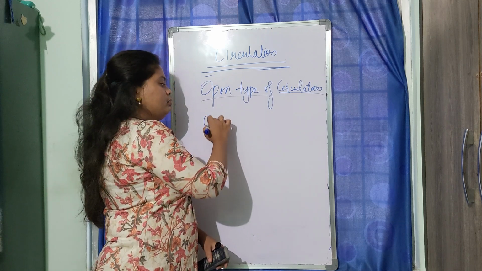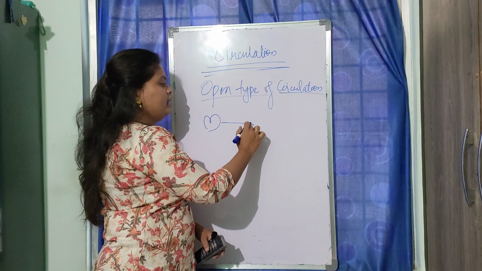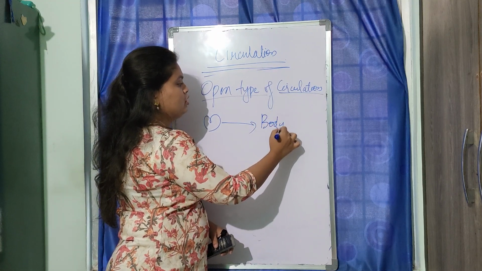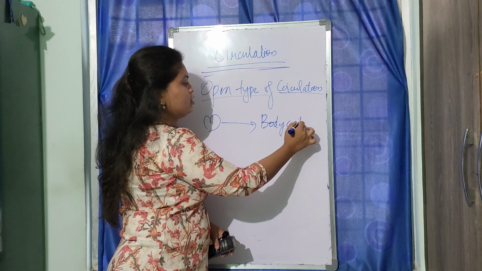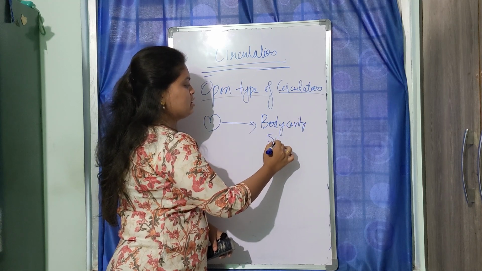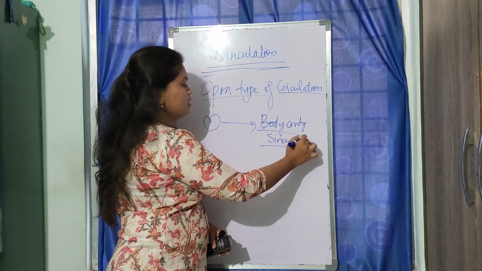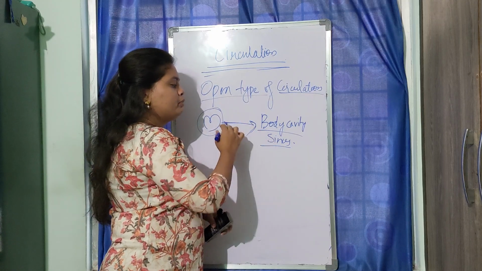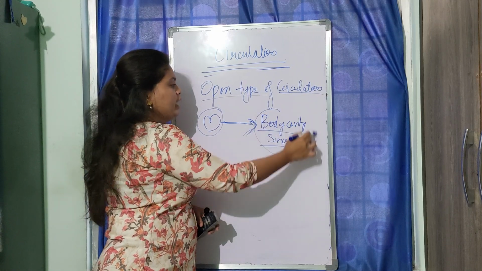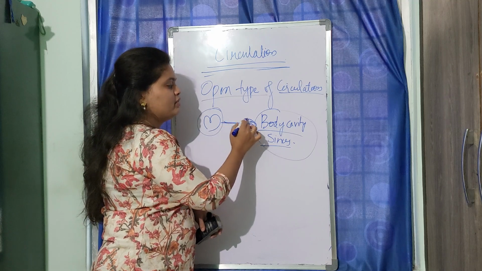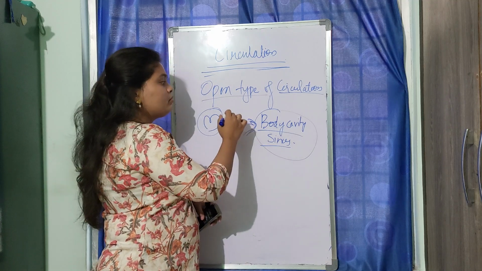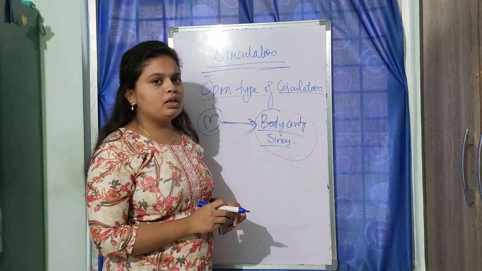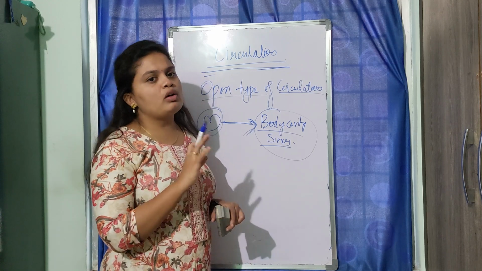The blood from the heart is directly poured into the body cavity, or it is also called as sinus. The heart sends the oxygenated blood, it pours directly into body cavity via some major blood vessels. So the properly formed blood vessels which are transporting blood to each and every tissue cell are not seen here.